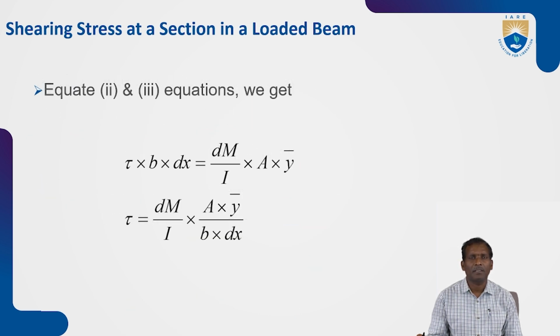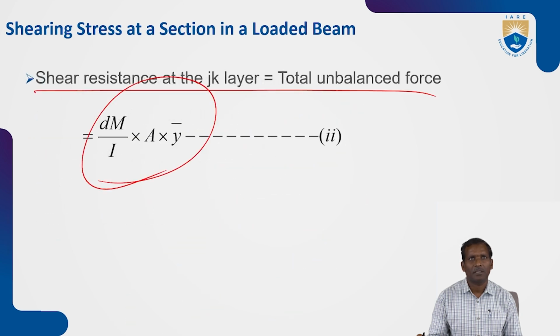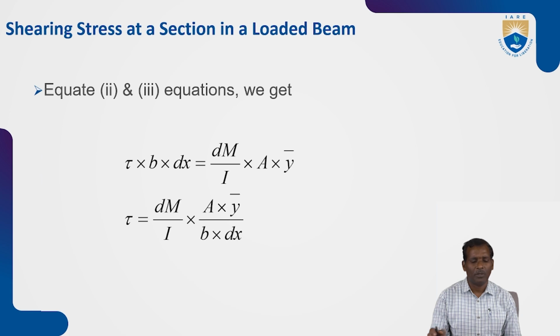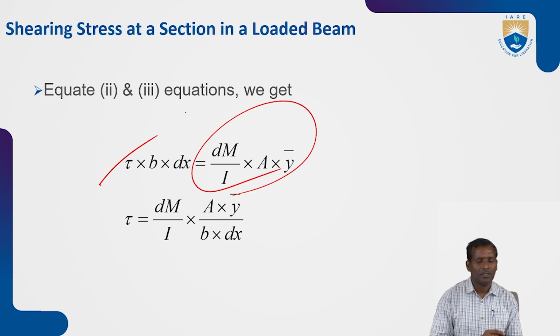So equate the second and third equations. What is the second equation? The second is dM by I into A into y bar, which is equal to equation 3, shear stress into area, b into dx.